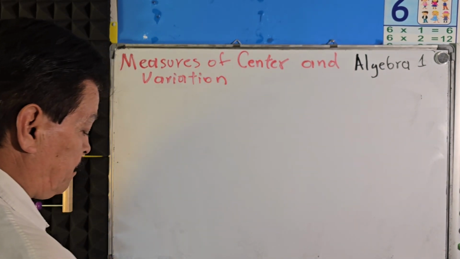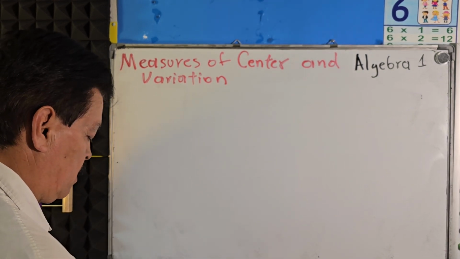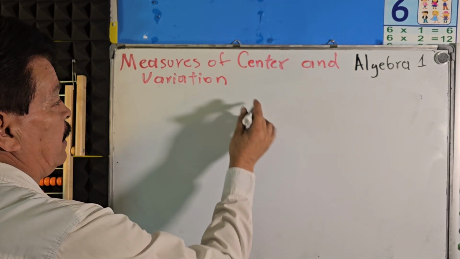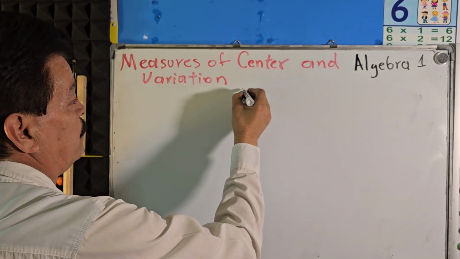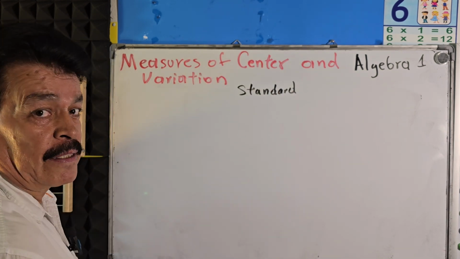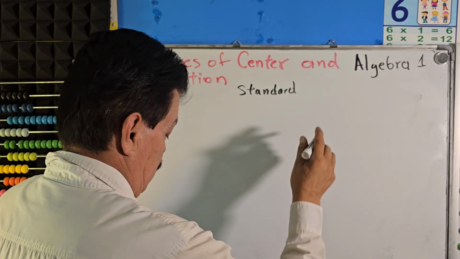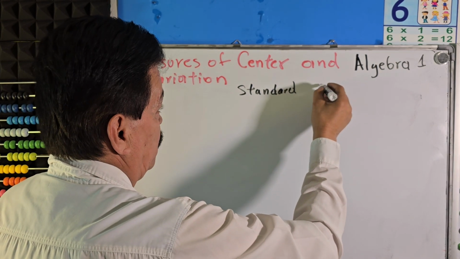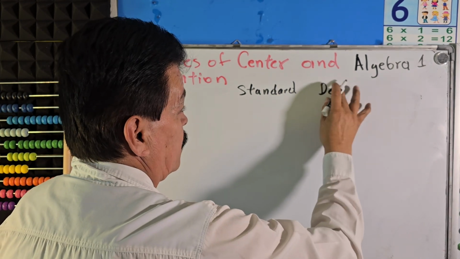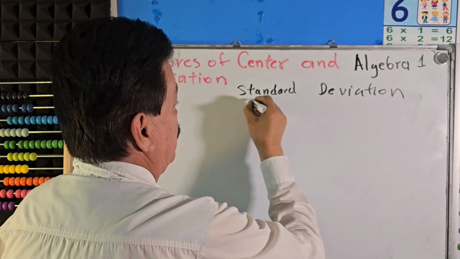So now let's talk about standard deviation. Standard deviation is another one. It's a little bit more complex. So we have standard deviation.